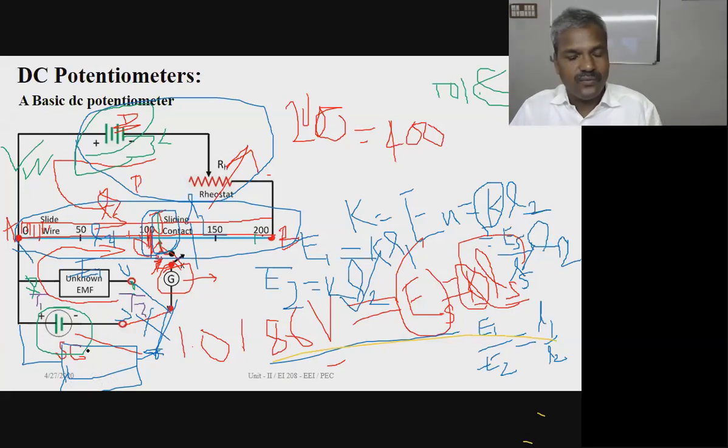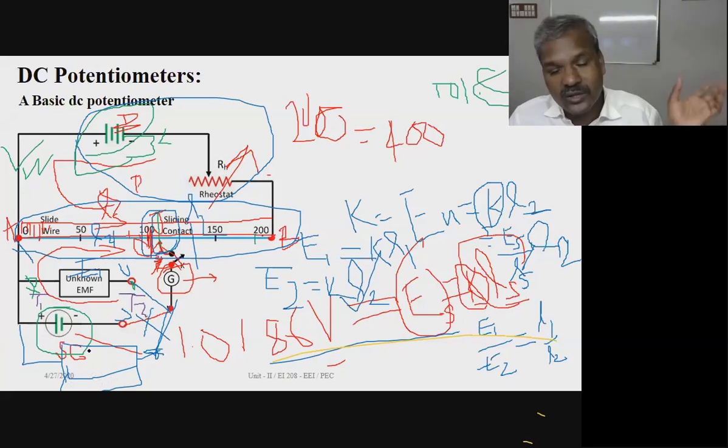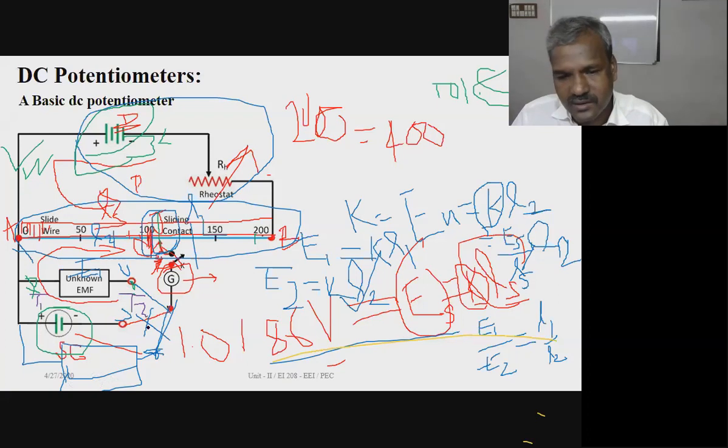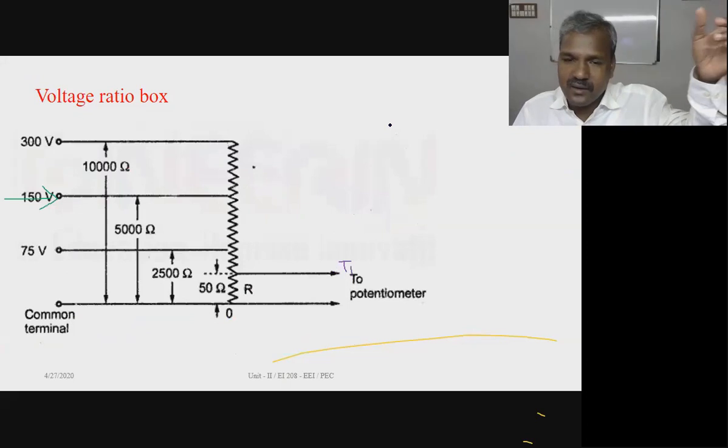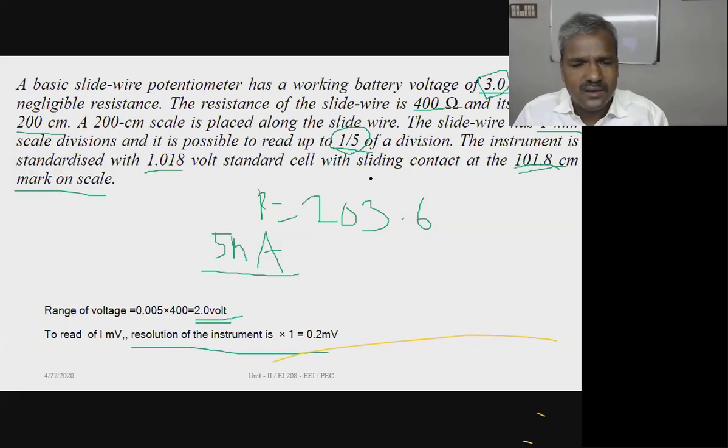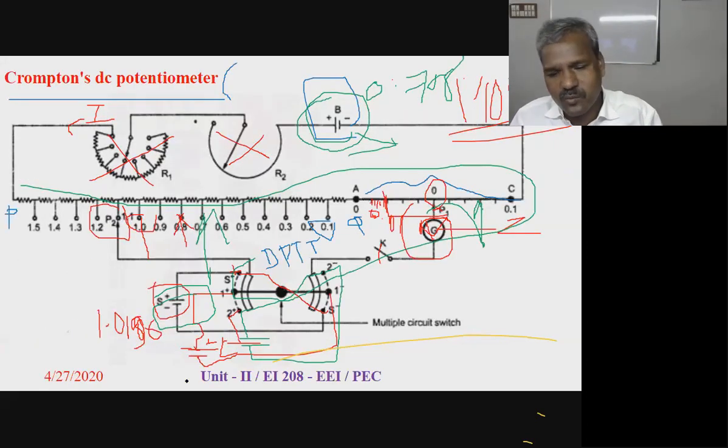For high voltages, more than 2 volt, this position is T1. This terminal is connected to that normal potential, or you can connect here also, no problem. This is a commercial potentiometer.